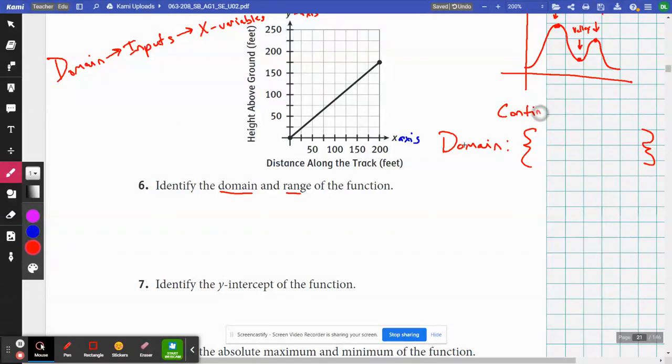we use these cheats for our domain and our range, okay? We use these cheats for our domain and range. Again, the variable goes in the center. So x and y, the variable goes in the center.